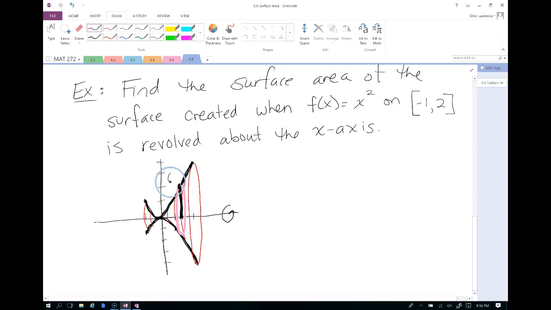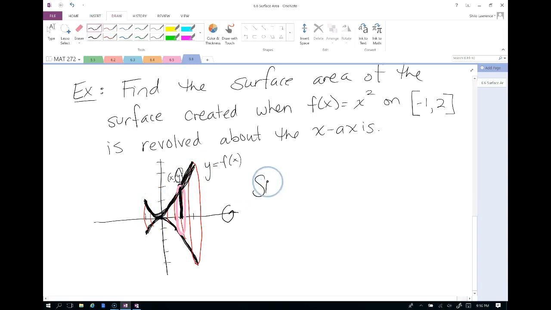But that exact point on that graph, the vertical height is represented by the y, which is the same as f of x. So for each individual circle, all the way around is 2 pi f of x. And we want to do that for every single point along this curve, or this arc.